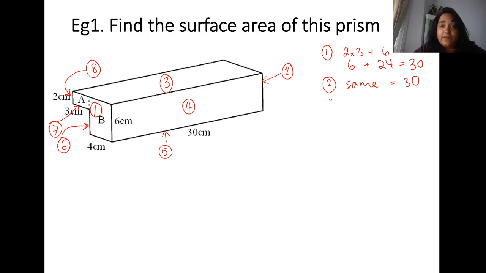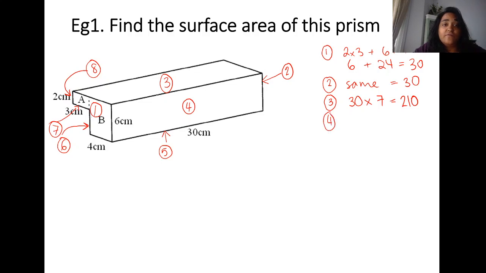Now let's think about side face 3. So it's the length of the prism, which is 30, and then its other side is going to be 3 plus 4. So we're going to have 30 times 3 plus 4, which is 7. So 30 times 7, 210.